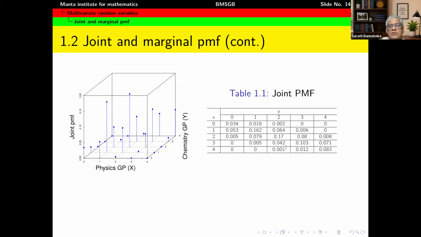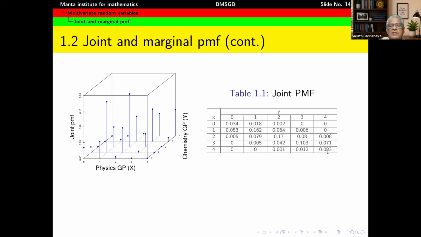And the same pattern can be explained for GP 3 and 4, right? So for example, if you consider 4, those who are the best for physics, those who got 4 for physics, they never got zeros or ones for GP values for chemistry, right? Or even two, very, very little. All the other people got at least three or four for chemistry as well. And the highest percentage, therefore, got 4 for chemistry, right?